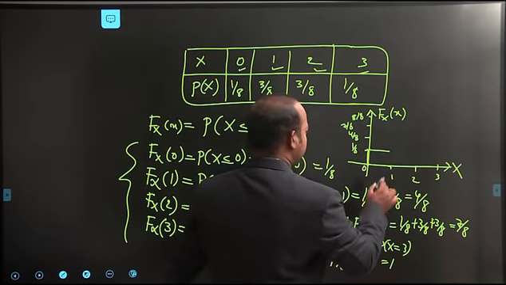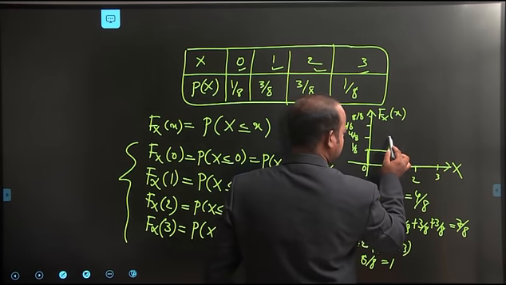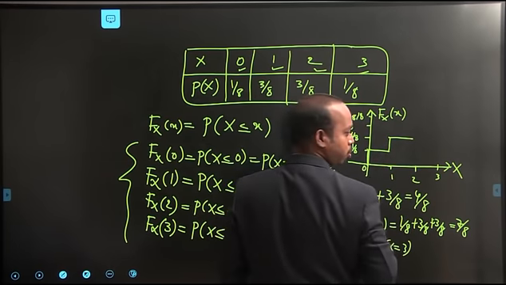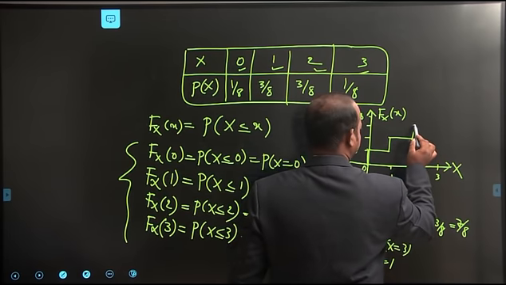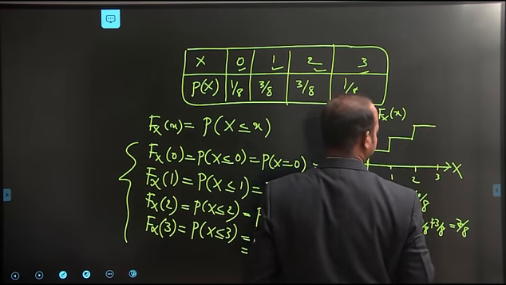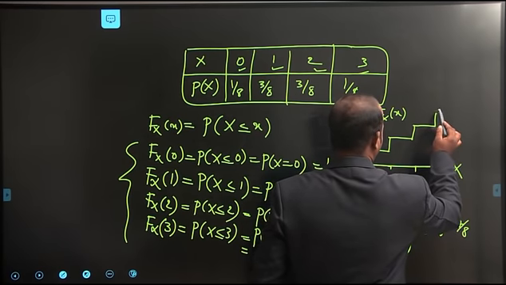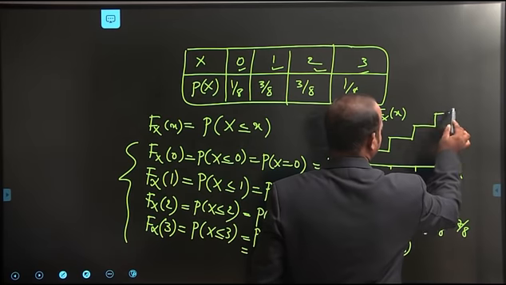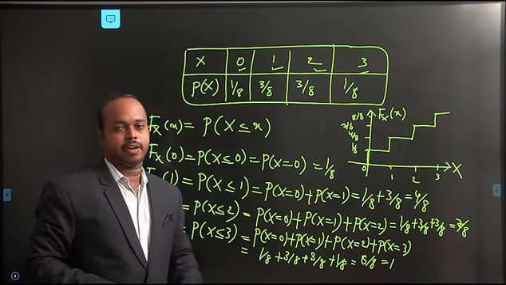At 1, the quantity is 4 by 8, and this step extends up to 2. At 2, the quantity is 7 by 8, and it extends up to 3. At 3, the quantity is 8 by 8. This is the graphical representation for our given data.